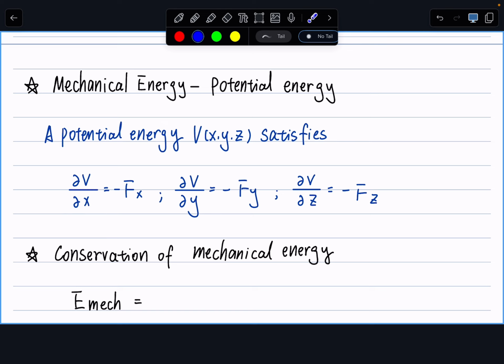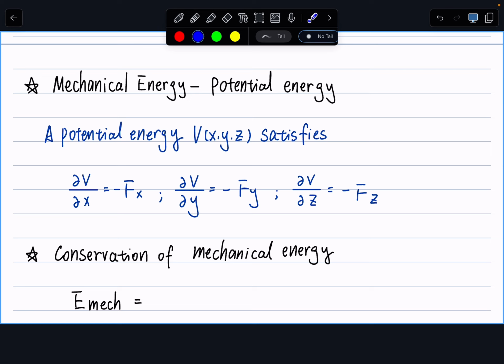That's just the definition of potential energy. And in classical mechanics, the total mechanical energy, kinetic plus potential, is always conserved as long as only conservative forces act.